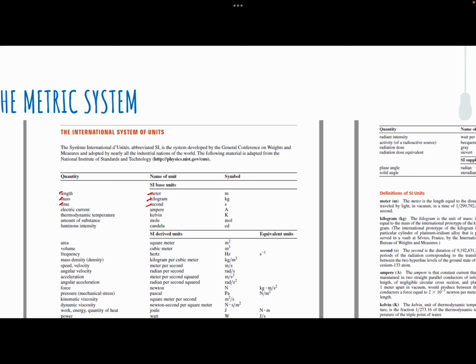So, other standards established by the committee are those for temperature or thermodynamic temperature na may unit na Kelvin, electric current with unit ampere, luminous intensity, may unit na candela, and the amount of substance with a unit mole. So, these are all base units.